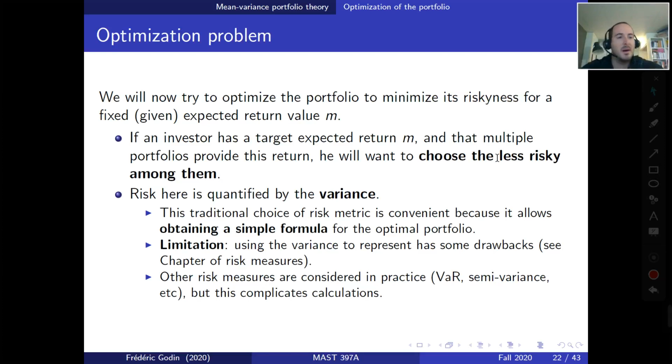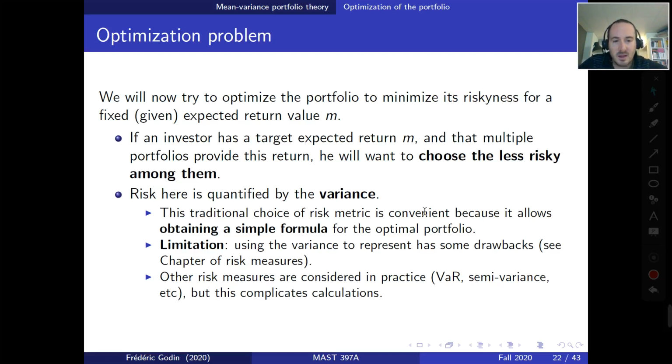So for a given amount of profitability, we want to identify the portfolio which has the smallest amount of risk. So why variance as the metric to represent risk? Clearly variance represents the variability of the portfolio, and a portfolio which fluctuates more wildly is clearly more risky.